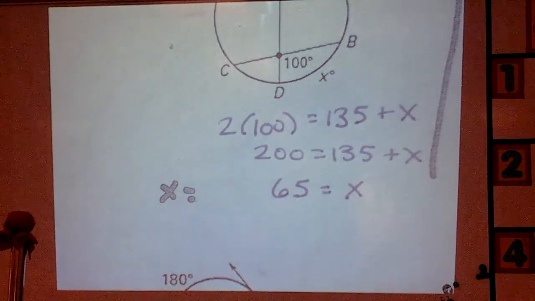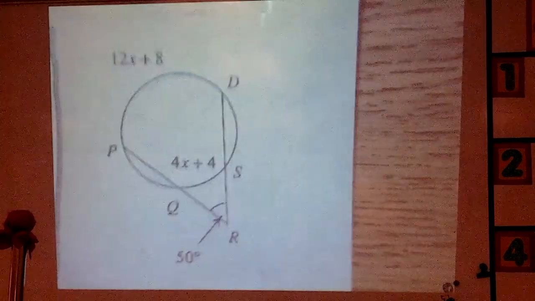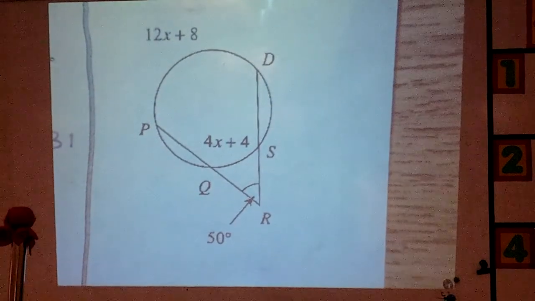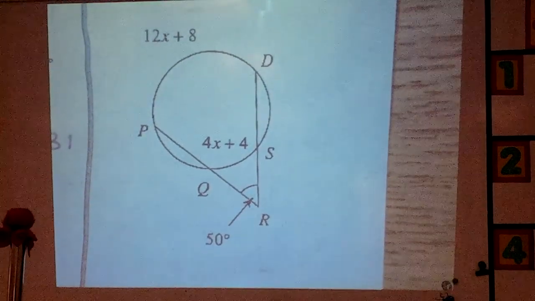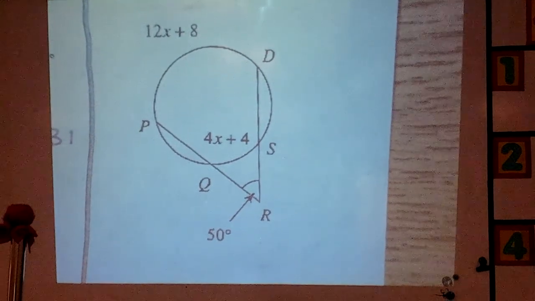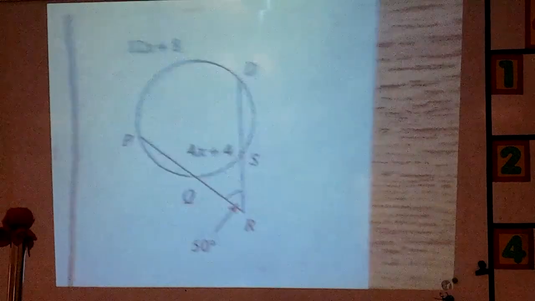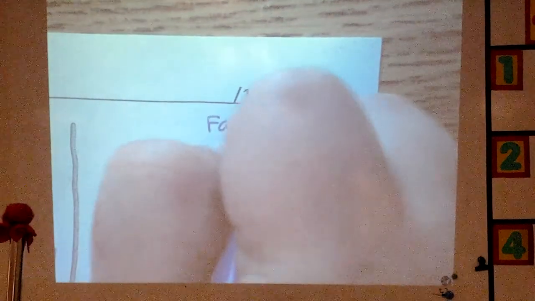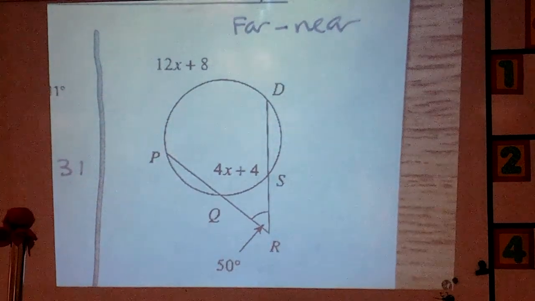The other types of problems on here are where your angle is outside the circle. It's not on the circle, it's not inside the circle, it's outside. So this is a similar idea. We're going to double our angle, but now instead of adding your arcs, you're going to subtract them. And you're going to subtract far minus near. Far minus near.